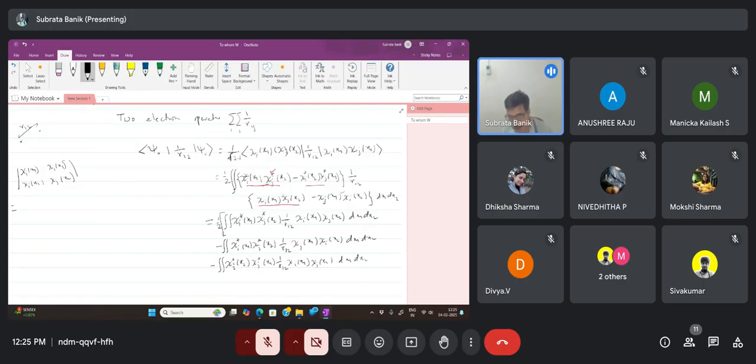Let's not confuse this. Right? And the last term, this second and fourth both have negative, so I get a positive sign here.